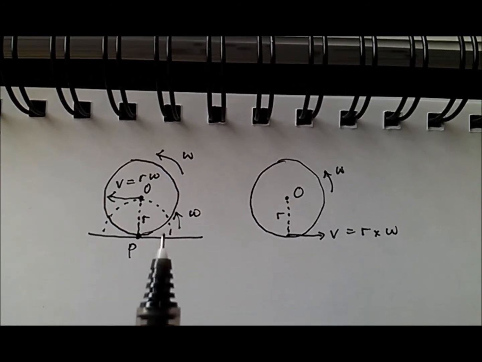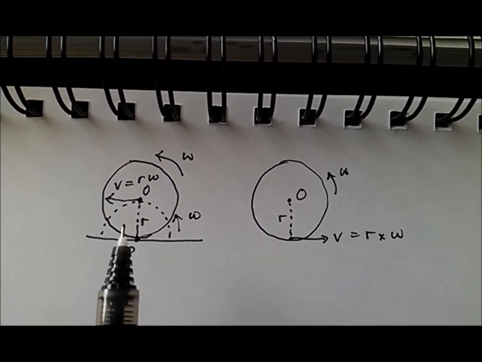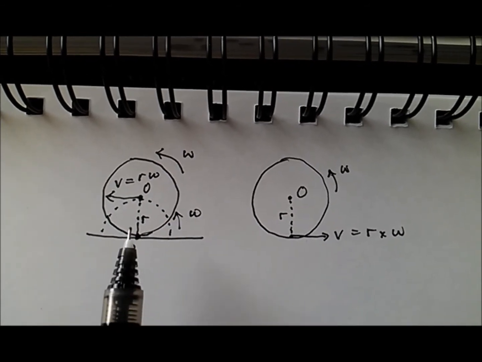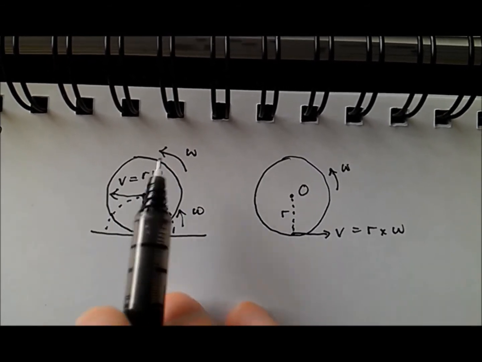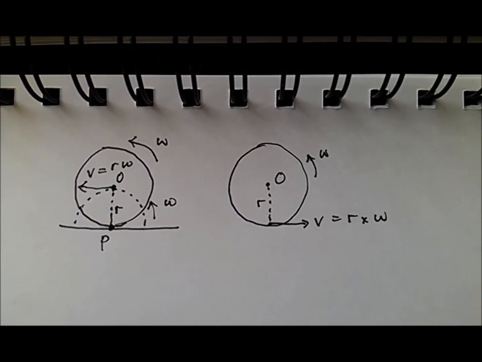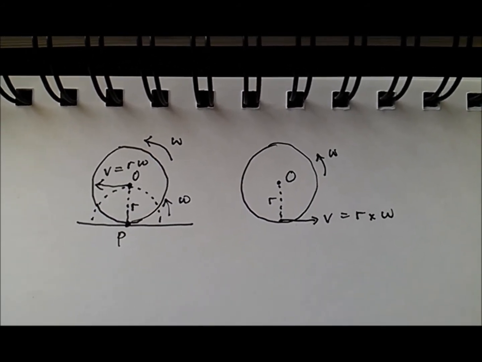So if anything were to cause the angular speed of the ball to increase about point P, the rolling angular speed of the ball about point O will increase in the same way. In other words, the two angular accelerations are the same.